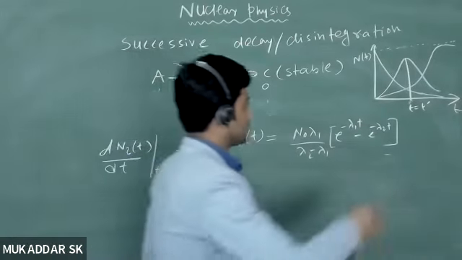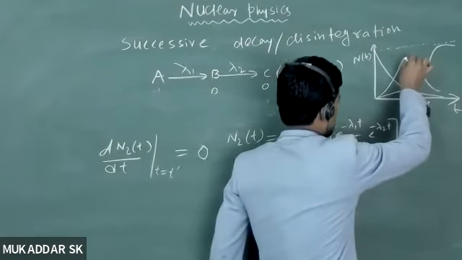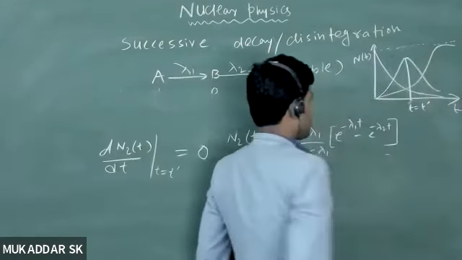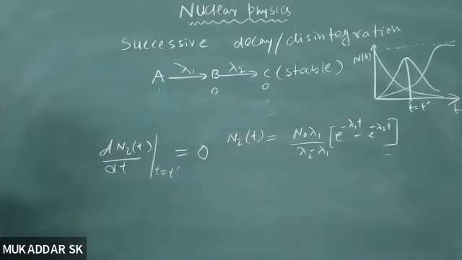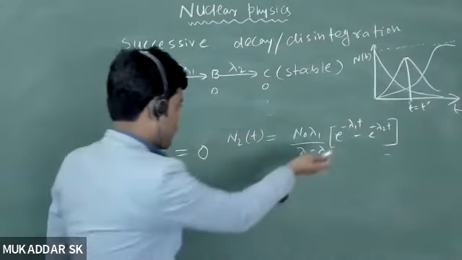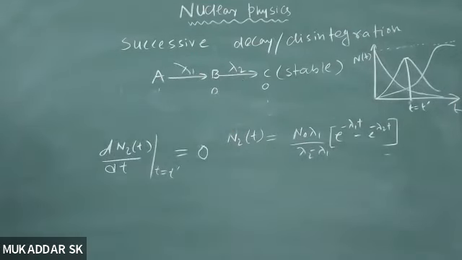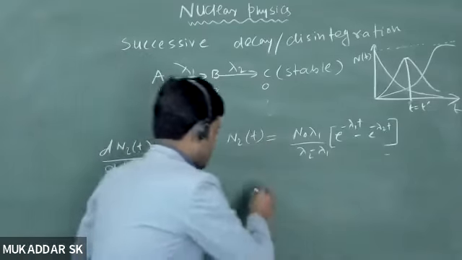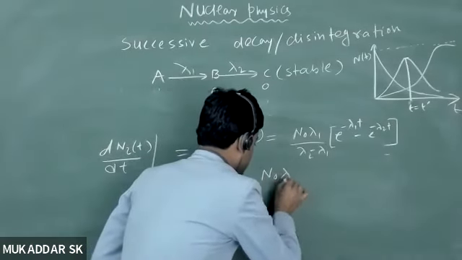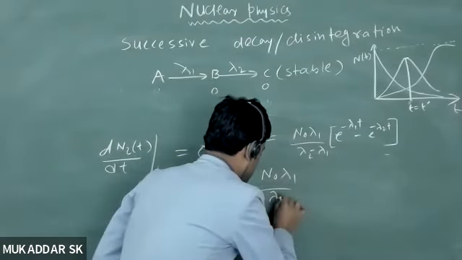Right? At this point you can see differentiation is nothing but slope. At this point there is a 0 slope, right? So if you differentiate this function with respect to time, and if you keep t as t dash, then what will happen? This factor is constant. Nothing will happen with this.